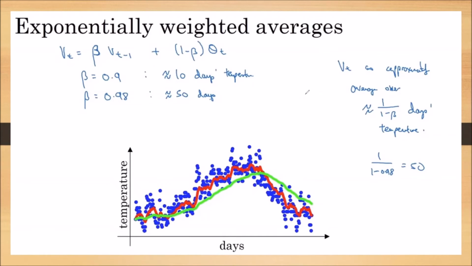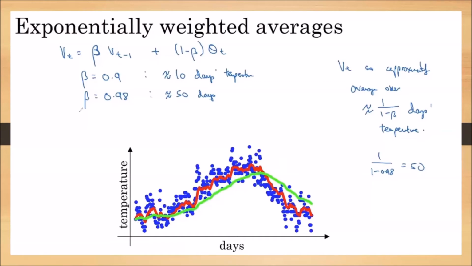So the 50 days temperature graph, compared to the 10 days temperature average graph, is smoother. In the red color graph, for every 10 days we are taking the average. That's why you are observing some abrupt changes. Whereas in the green color graph, we are taking the average for every 50 days.